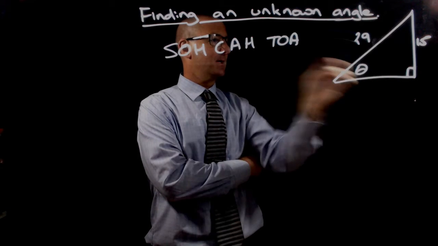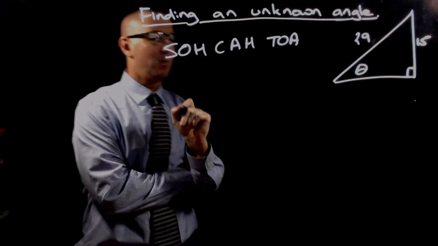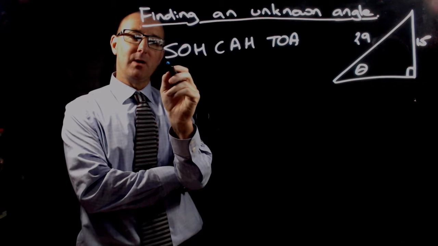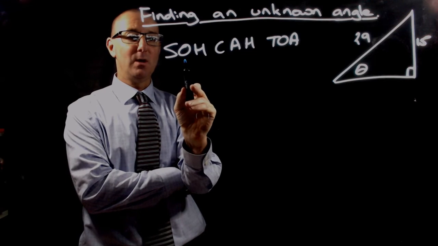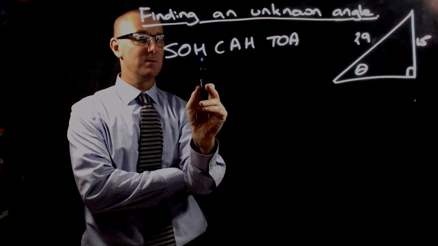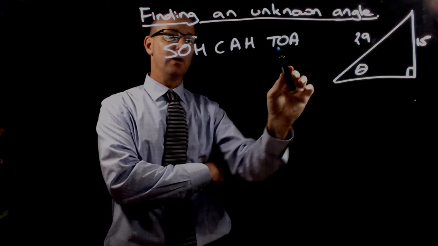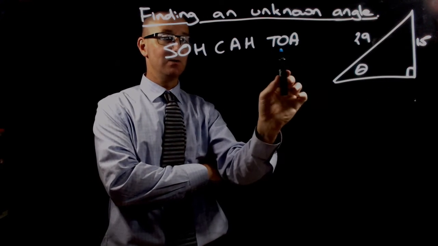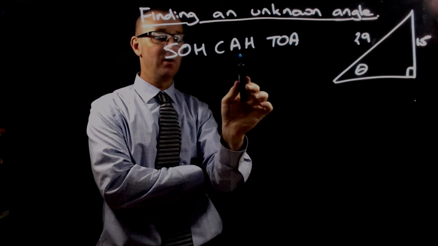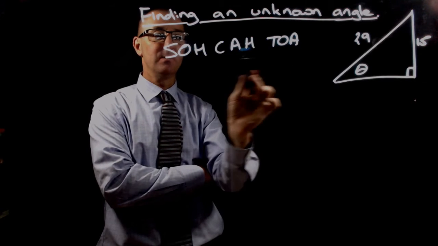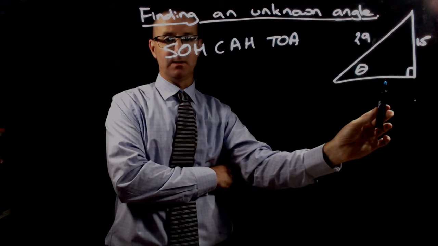So I've got opposite and hypotenuse. So I look at my memory trick and I can see that I'm going to use sine because I've got the opposite and the hypotenuse. I don't know what the adjacent side is, the A, and so I can rule out the tangent ratio and the cosine ratio because both of those require this adjacent side.